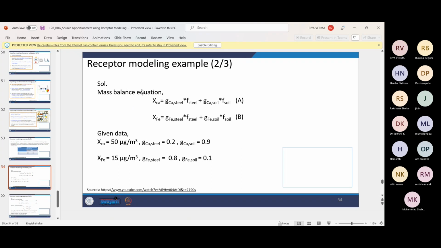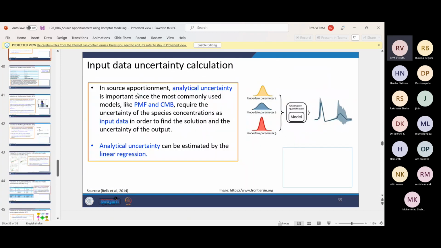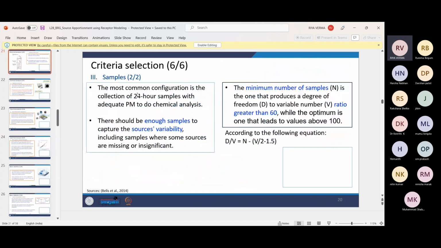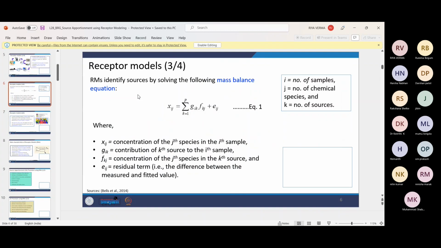Let me first explain these terms from the mass balance equation. It was in the starting already. This is your mass balance equation. Basically, here Xij is your concentration of the jth species in the ith sample. Xij is nothing but the concentration of some pollutant that we are considering here.